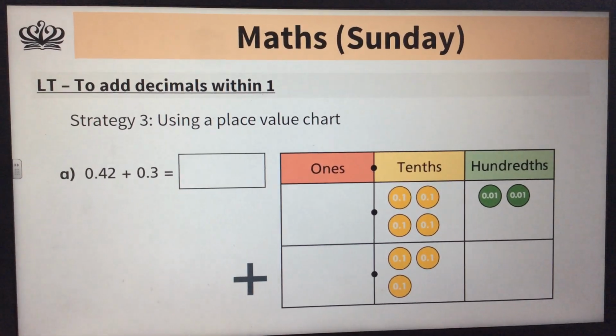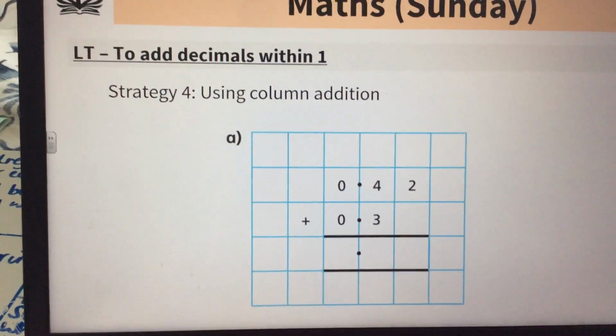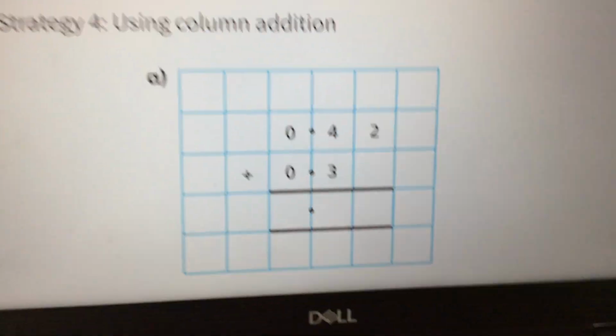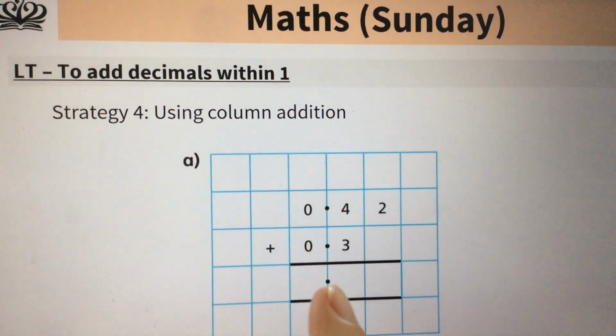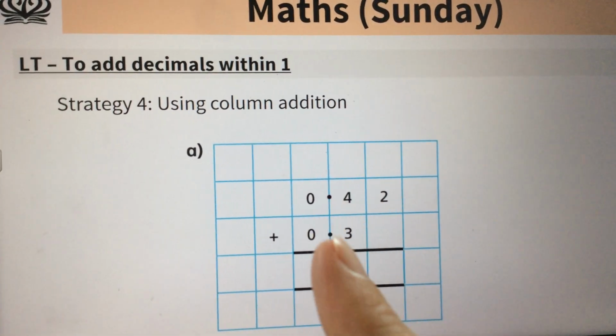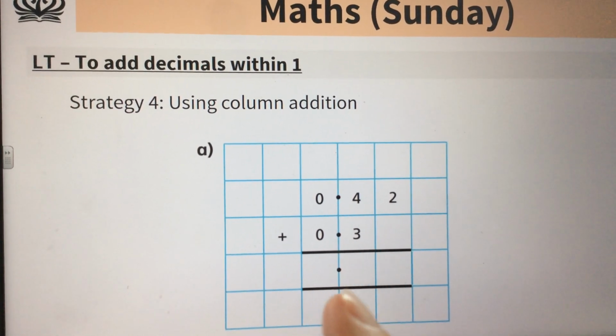Okay, so strategy 4, we've got our column addition. Lots of you are very confident using column addition to add. The really important thing to remember with this is that you must remember to put in your decimal point in the correct place, and you need to put it in before you start working out your answer.